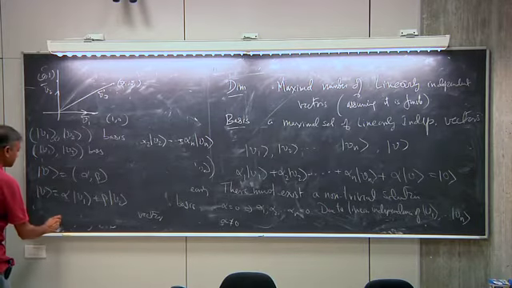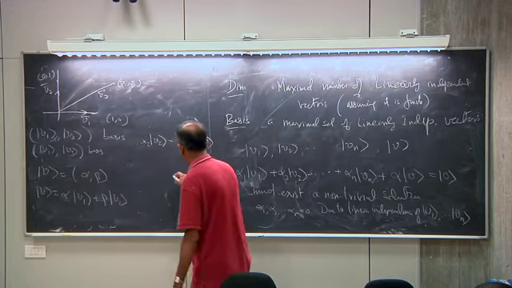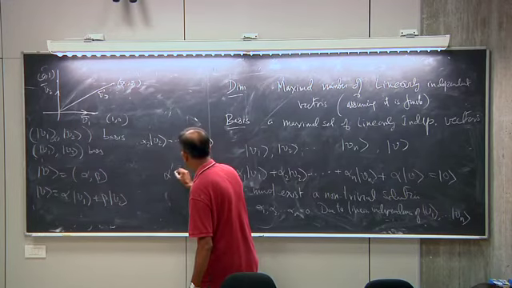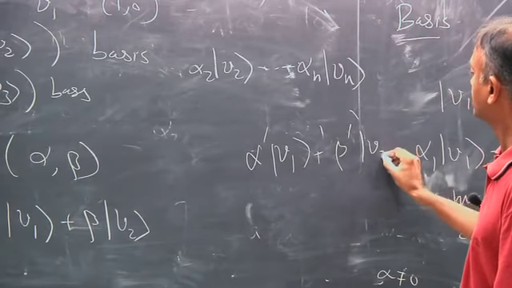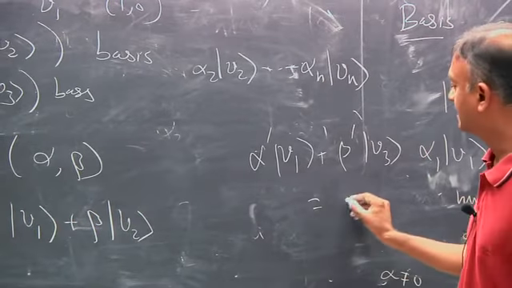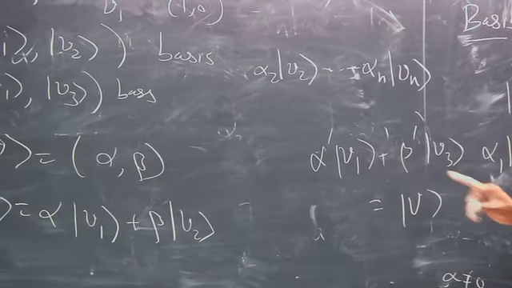In that case, I want to solve the equation alpha prime V1 plus beta prime V3 equal to V. I want to solve this equation to find alpha prime and beta prime.